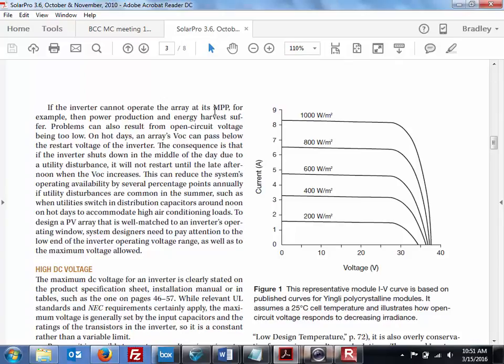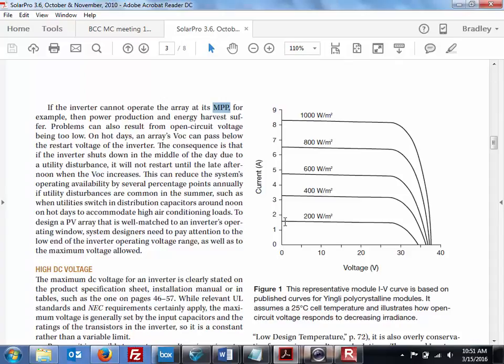We talked a little bit before about MPP, and if you remember, power is the product of current and voltage, and you can see for each one of these different solar intensities, the power is going to differ. So let's just cruise along this 200 watt per square meter curve.